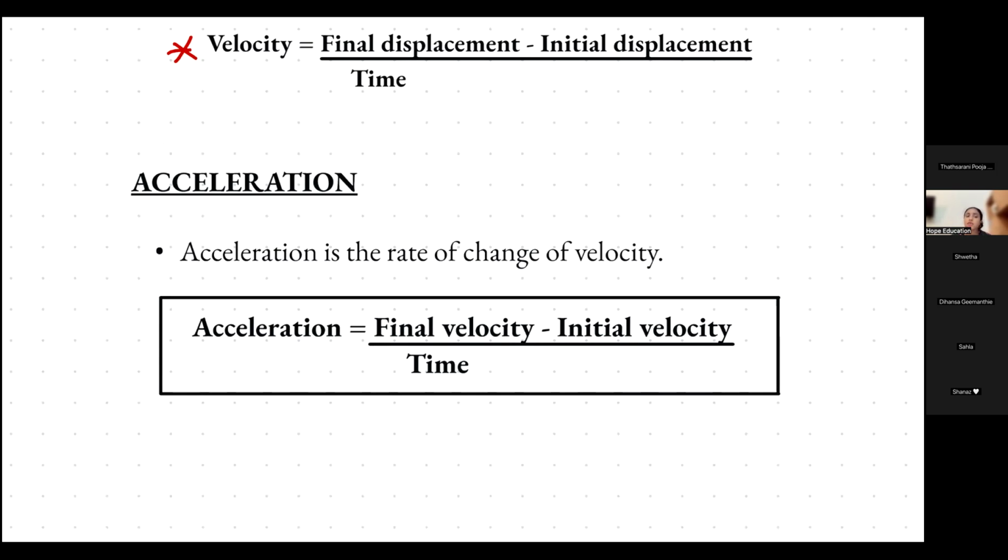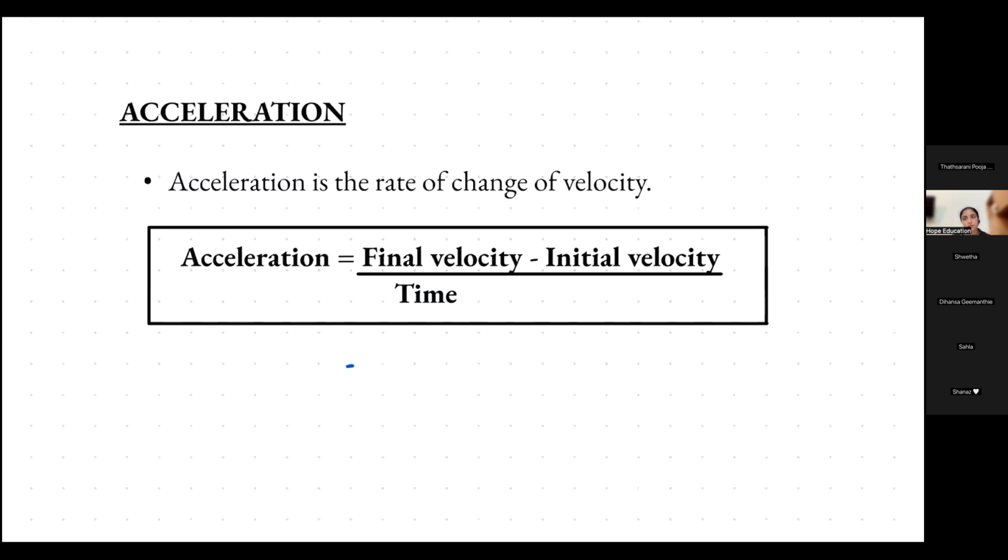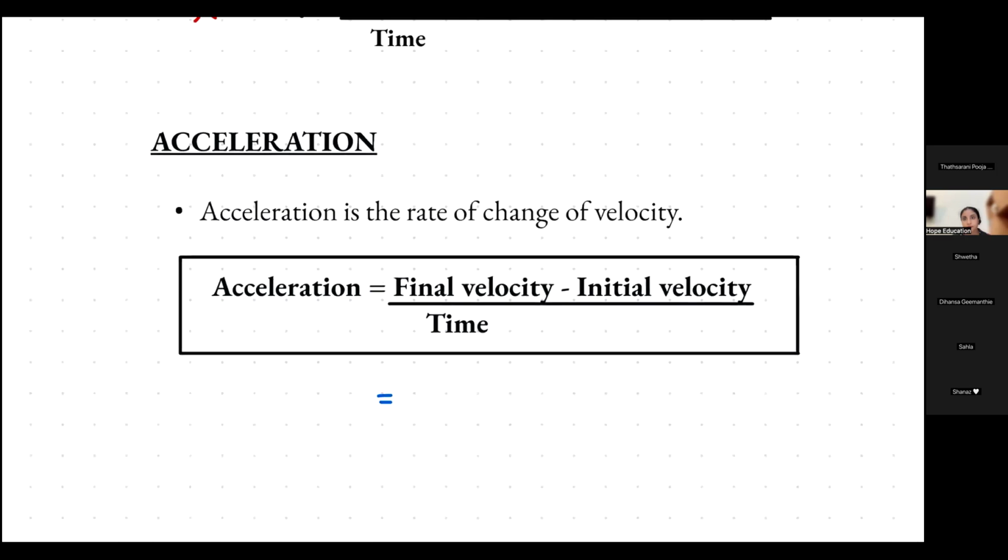What is the unit of velocity? Quickly tell me. Velocity is what we have been learning so far.